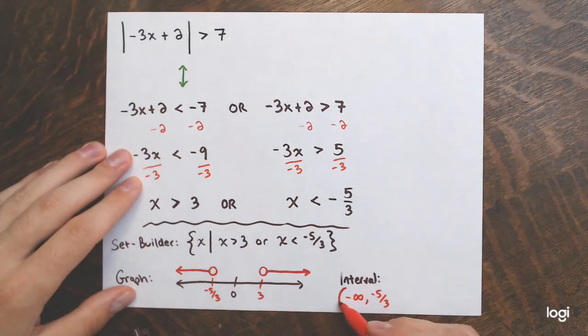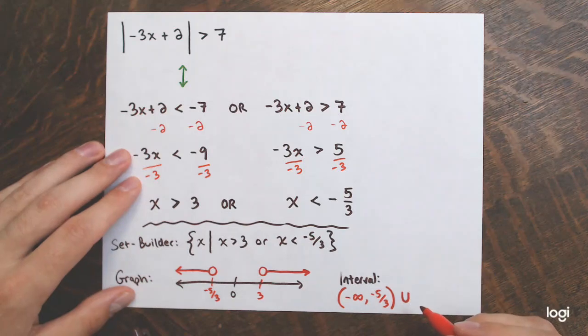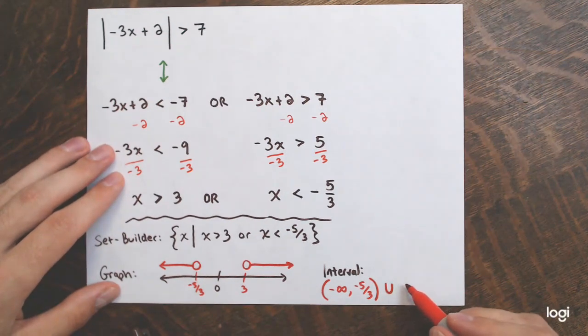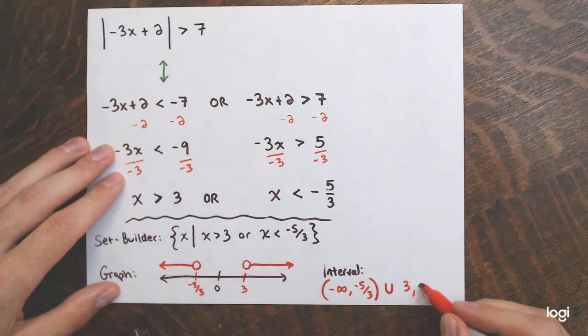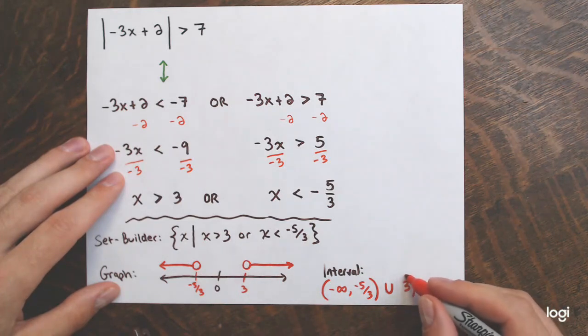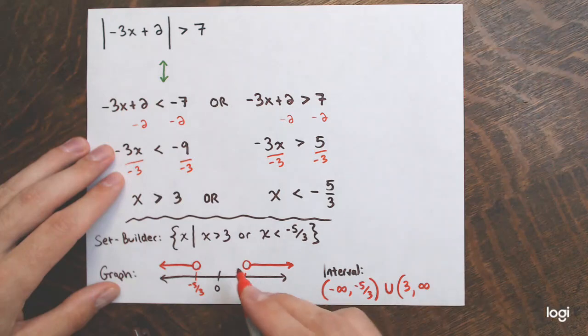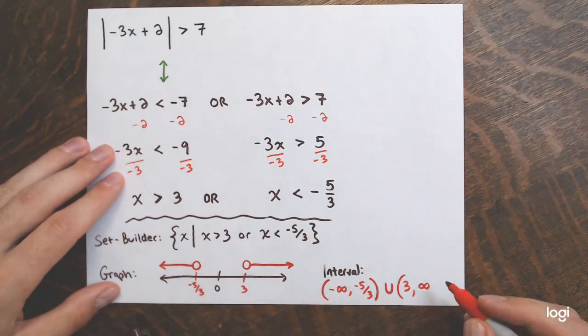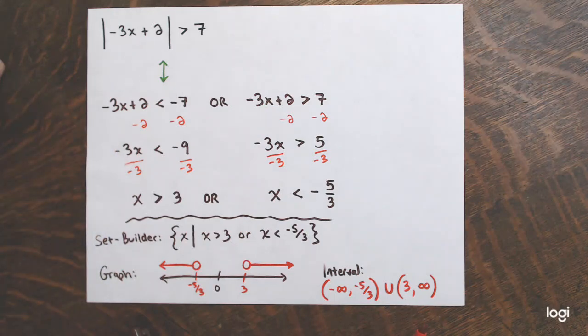Always parentheses on the infinities and parentheses on the negative 5/3 because it's not a solution. Or, right, in union with. Then the other piece, left end is at 3, comma, right end, there is no right end, so infinity. 3 is not a solution, we've said, right? So open parenthesis there. And infinity is not a solution because it is not a number.